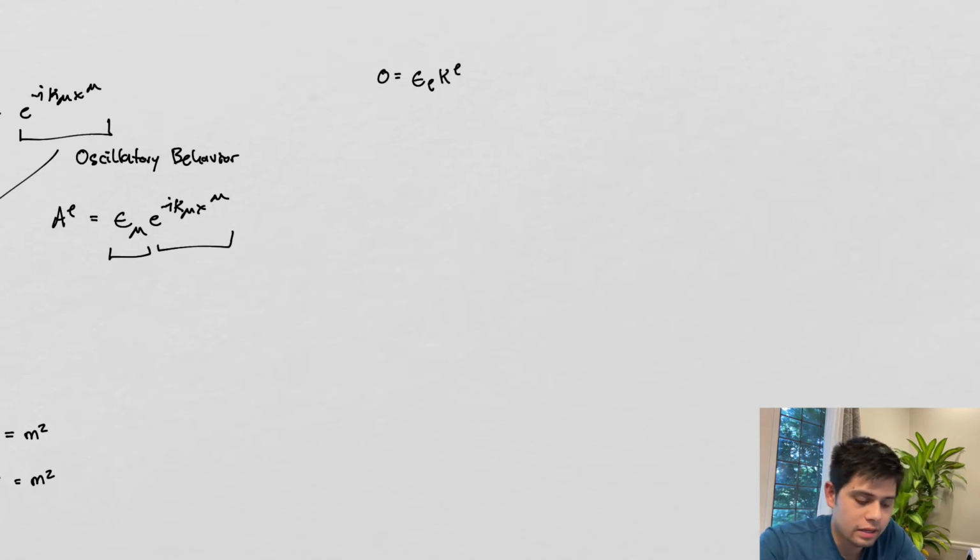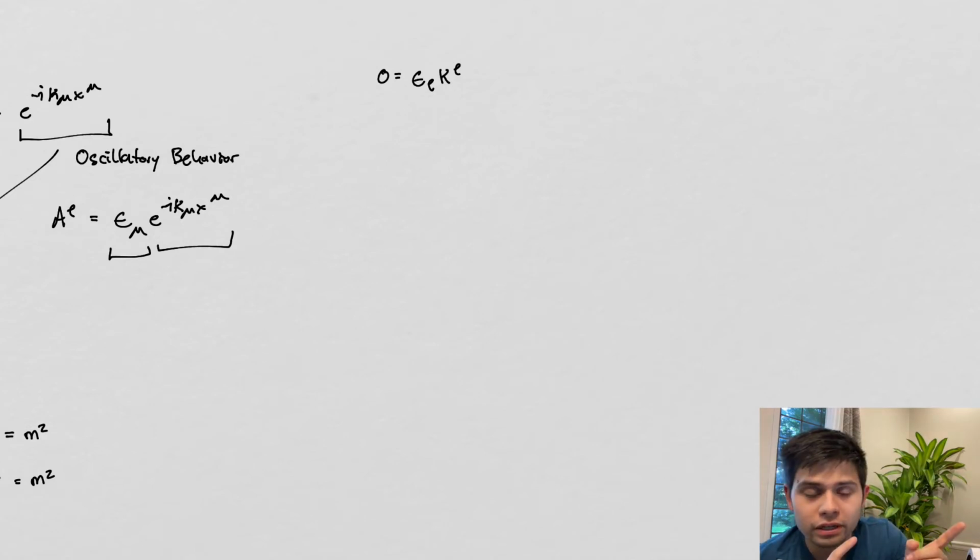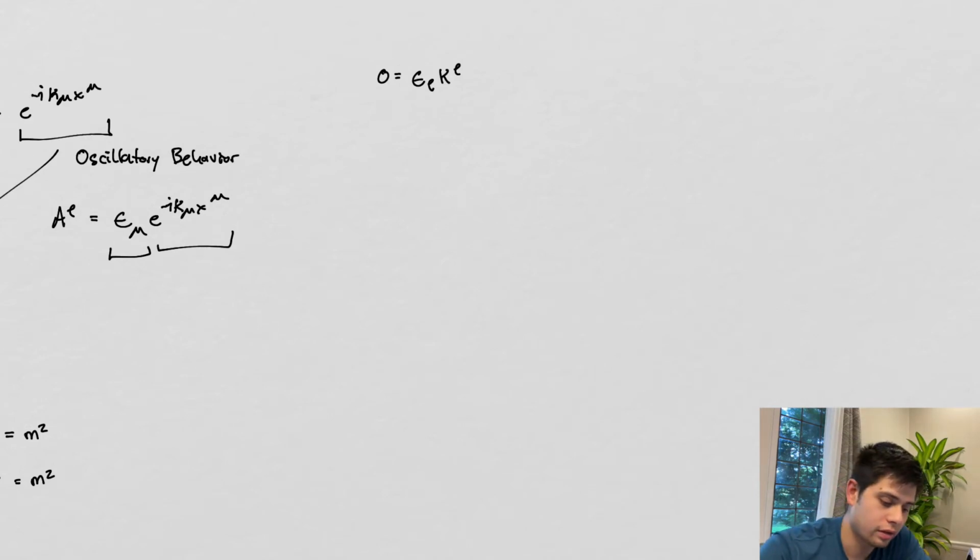This implies, if we're just traveling in the z direction, the x and y components are not restricted in any way. So this means that this is E0 K0 minus E1 K1 minus E2 K2 minus E3 K3.